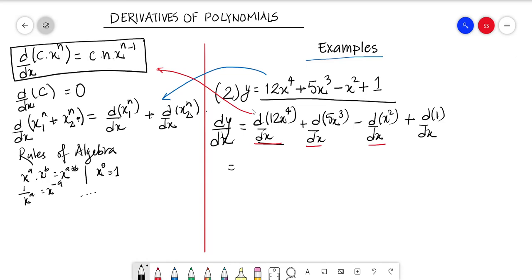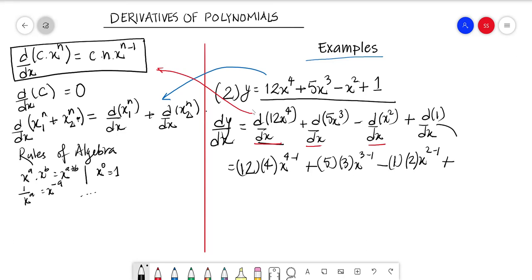Now the derivative of this first term would be your constant 12 times n, 4, times x to the power n minus 1. Similarly, this one would be your constant 5, 3 x to the power 3 minus 1, minus, here the constant is 1, so 1 would be 1, your n would come down, x to the power n minus 1.